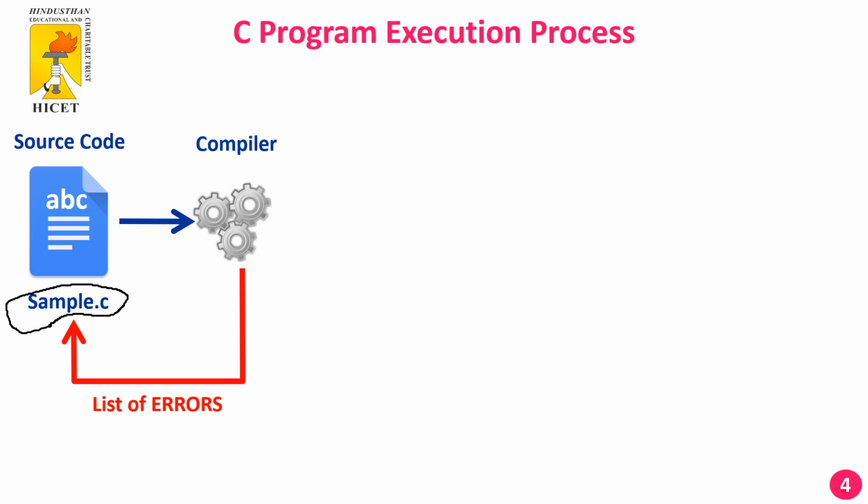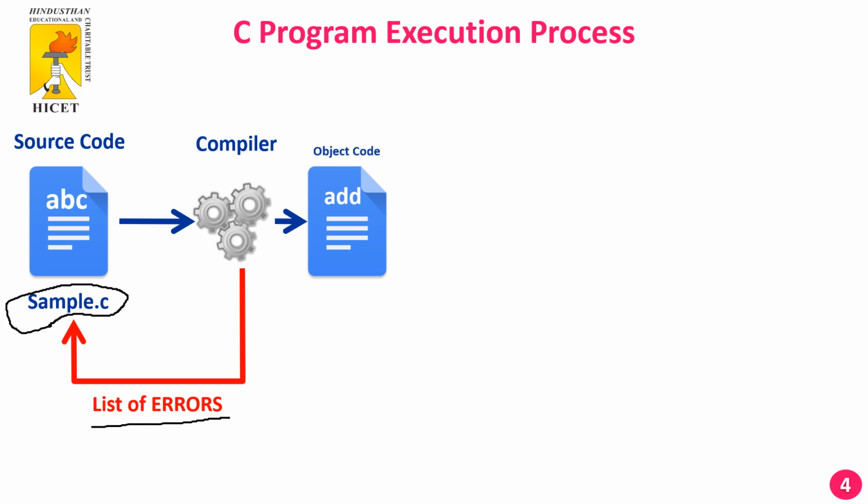If there exists any error in the code, it will list all the errors and the user who generated the source code has to clear them. Once the errors are cleared, the compiler will generate an object code, which is named with the .obj extension.